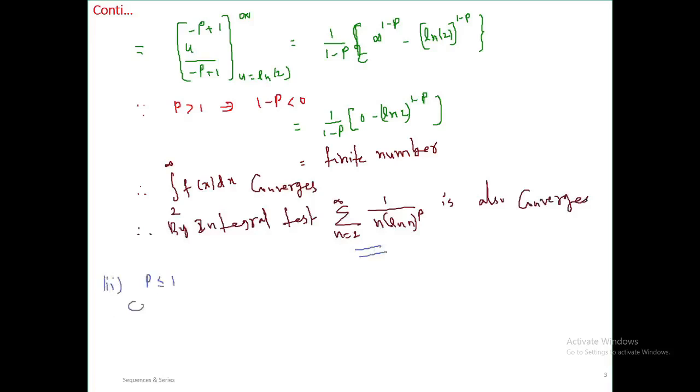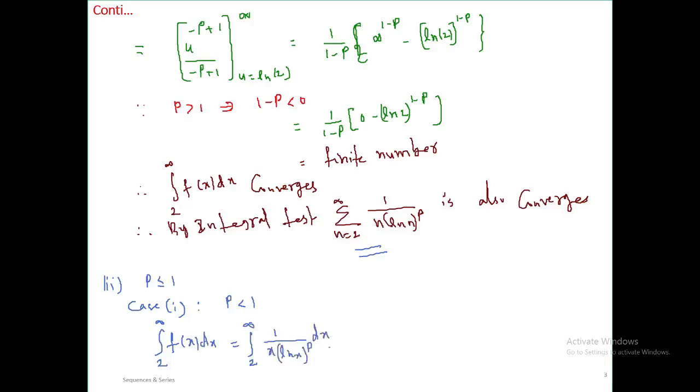So let us do it case by case. Case 1: let us prove it for p less than 1. Then take the same integral, integration 2 to infinity of f of x dx, which is equivalent to integration 2 to infinity of 1 upon x into ln x raised to p into dx.